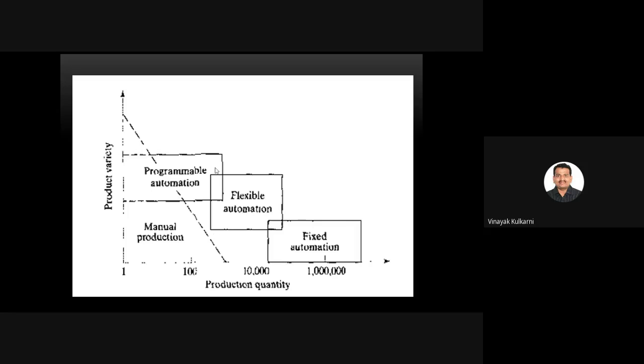Then flexible automation: you have from a few hundred to a few thousand, up to 10,000. In this, the product variety is slightly lower, but you have more production quantity. Then you have fixed automation. Fixed automation does not have any product variety. It is exactly on the zero of the product variety axis, and the quantity is more than 10 lakhs.